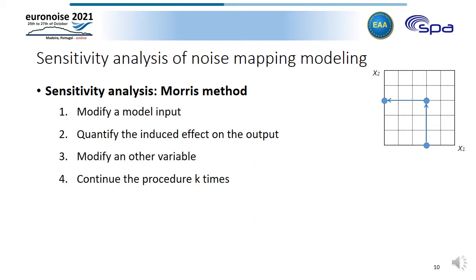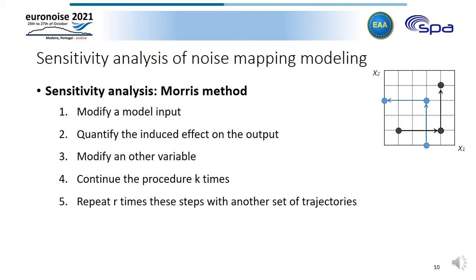Then the value of another parameter is changed and the resulting modification in the model outcome, compared to the second run, is calculated. This goes on until all input variables are changed. The process is repeated several times with multiple trajectories.